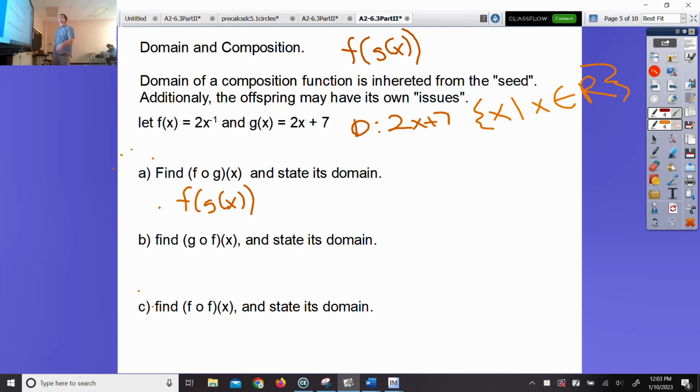F of x is 2 times x to the negative first. Can anybody rewrite that so the exponent is positive? I'm not doing this for you. 2 times x to the negative first.